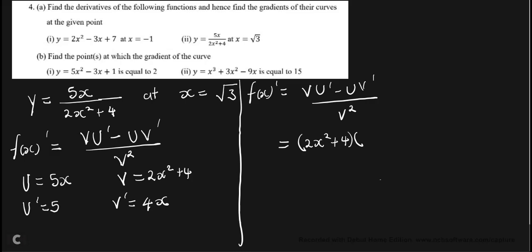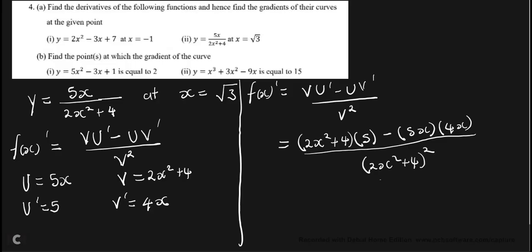Then u prime is 5, minus your u, which is 5x, times your v prime, which is 4x, over v squared, which is 2x squared plus 4, all squared.